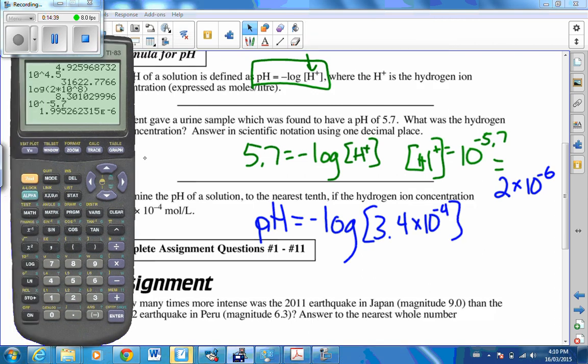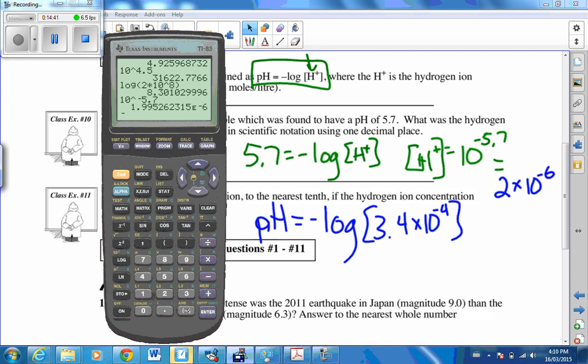So all I have to do is go negative log of 3.4. Now, if I want to do this, I could go times 10 to the, or you can also use the E button. And this means -4. It's sort of scientific notation. So the pH would be 3.468 or 3.4.